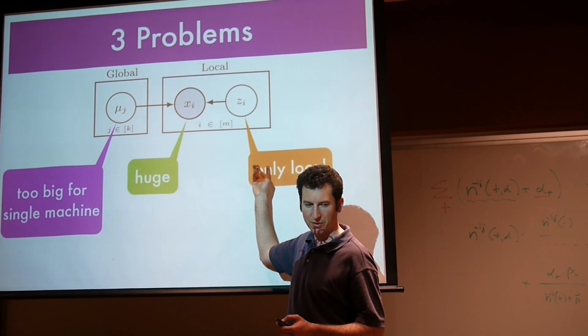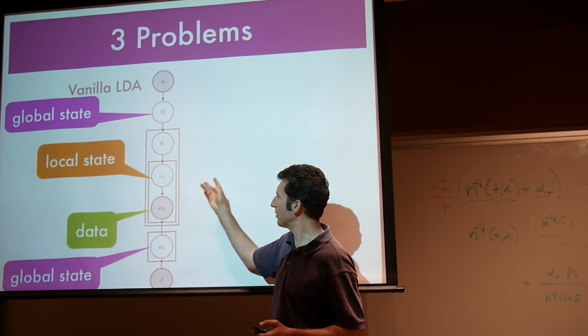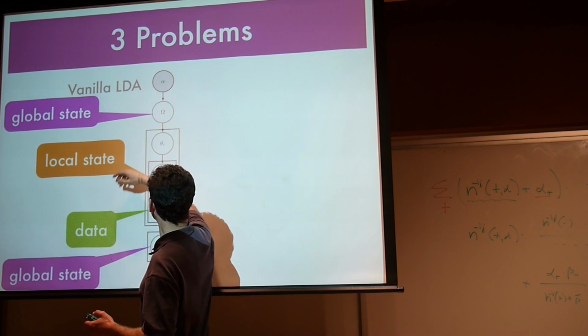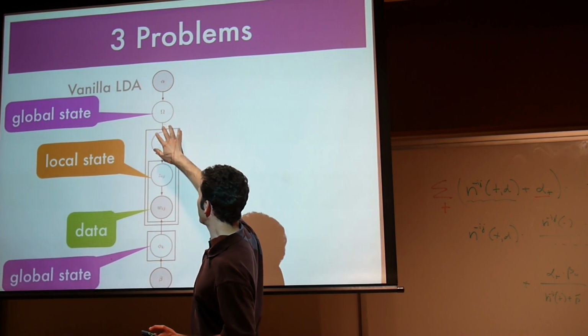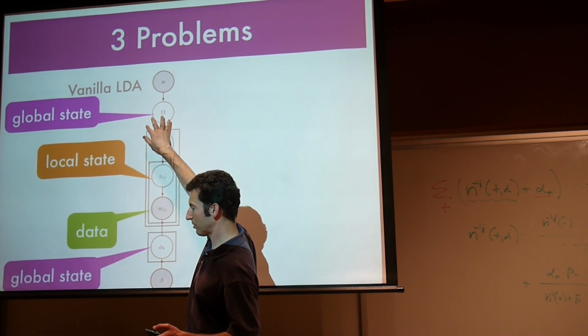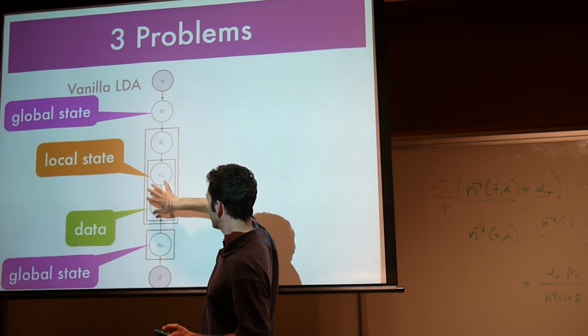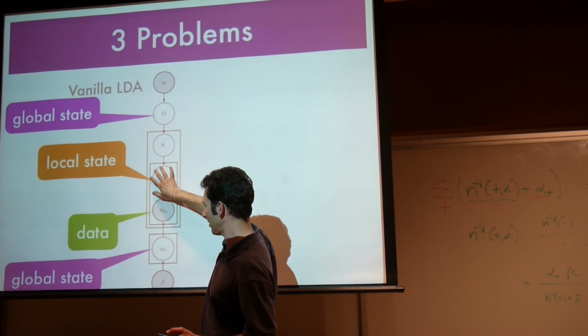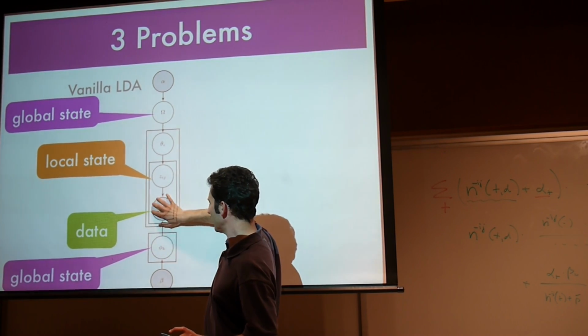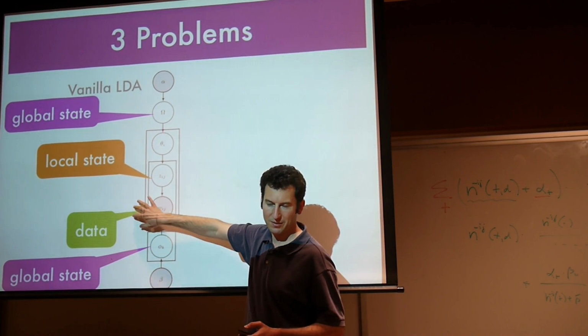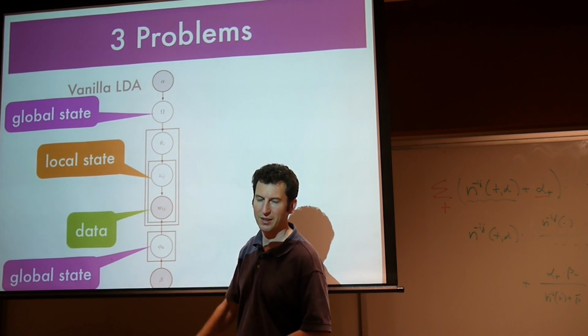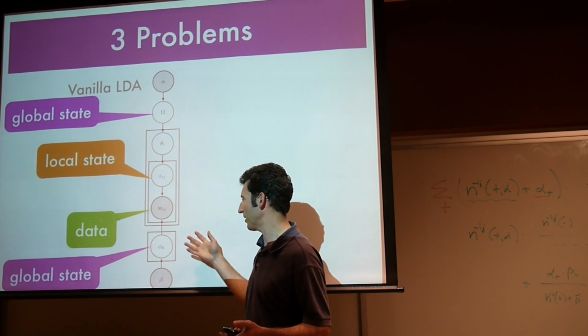The same problem occurs in LDA. It's just plain vanilla LDA. So my global state here is basically the topic distribution for the documents. The local state is just the specific topic assignments. The data, of course, is the global evidence, of which I have plenty. So that's basically like user activity logs, documents, whatever I have.